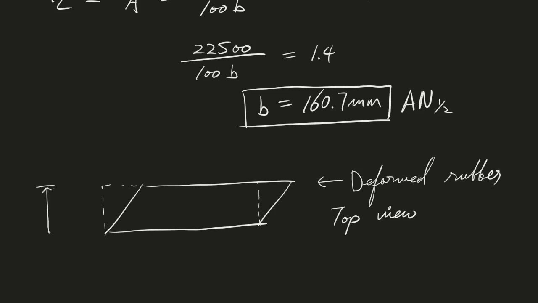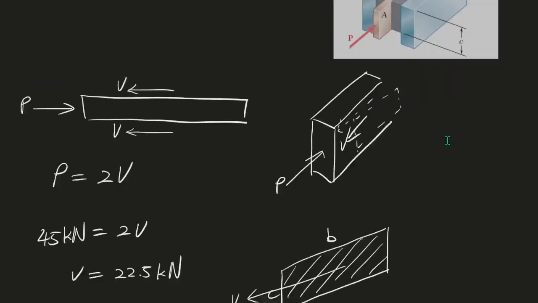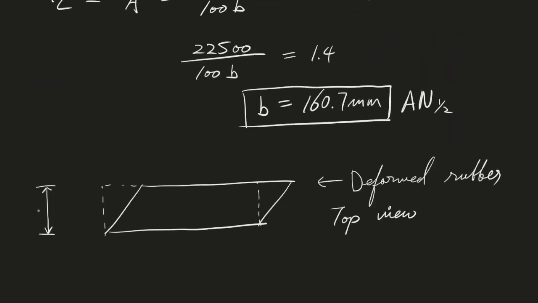We know the height over here will be the dimension that we want to find, which is A. We know the dimension here is B, but that's not really useful to us, so I'll ignore it right now. What's really concerning is the offset caused by the shear force, which I will call delta.